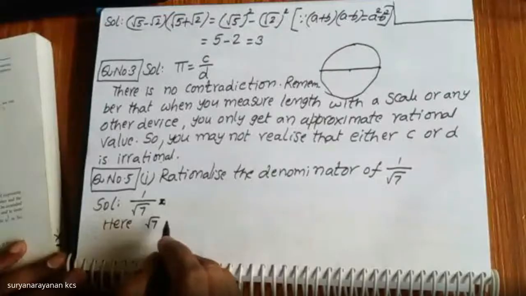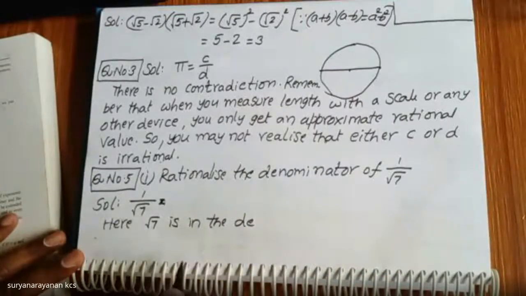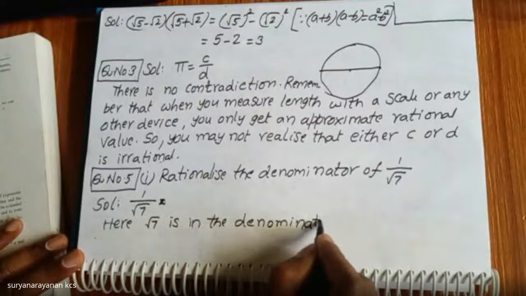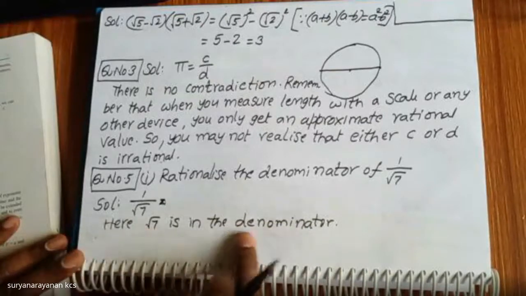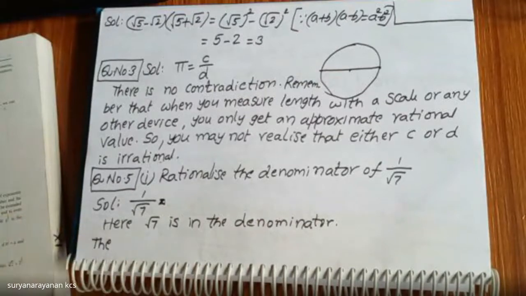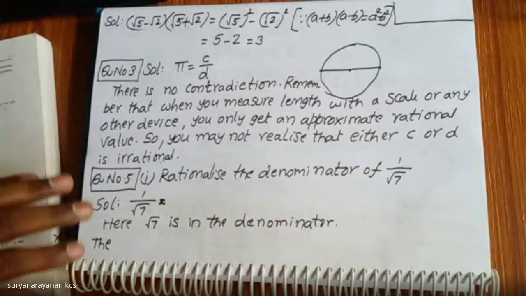Sir, the answer is root 7 by 7. Yes, but I am writing the steps clearly. I'm not writing the answer directly; I'm writing the solution in detail. Here root 7 is in the denominator.